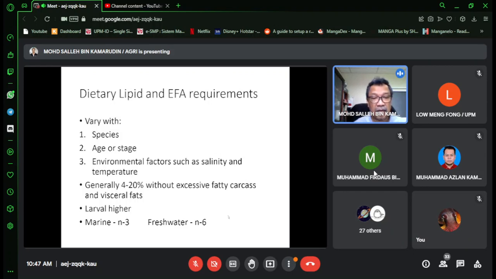And environment such as salinity and temperature is also different. Dia punya lipid requirement could be higher in marine environment compared to freshwater environment. Similar like protein. Remember when I said about protein?